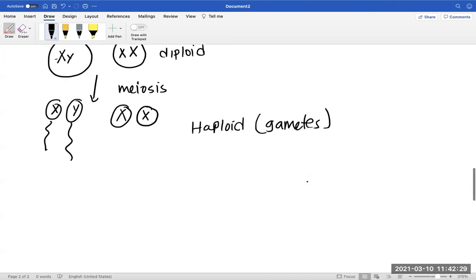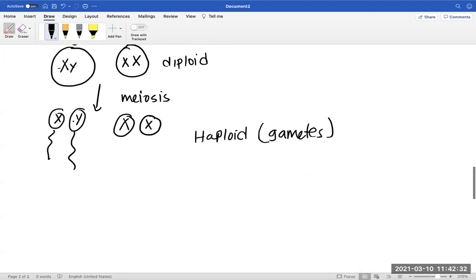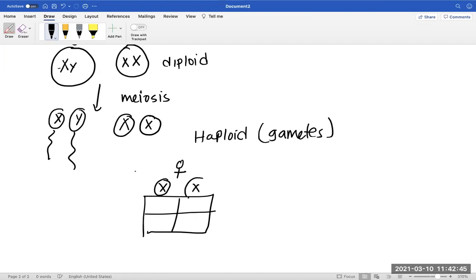So then you go ahead and do the Punnett square for that. So for females, you have XX, and for males, you have XY. So you bring this X down, another one from this side, same thing here.